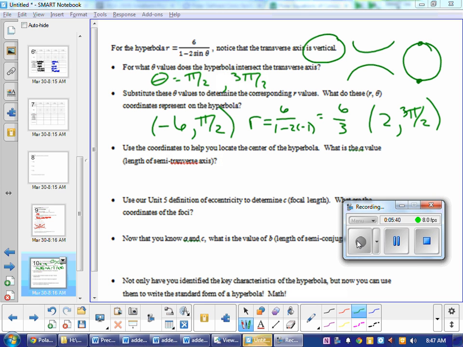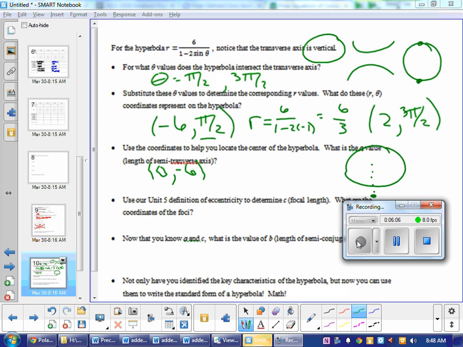If you graph these, remember you go to your angle first. So you go to pi over 2 first, which is up here, but then you go down 6. If you think of your xy coordinates, you're 6 below the pole. So that's actually at 0, negative 6. You're going down 6.